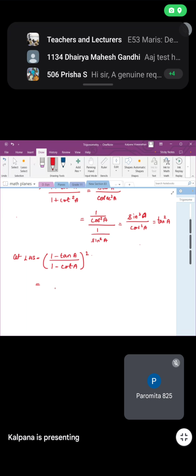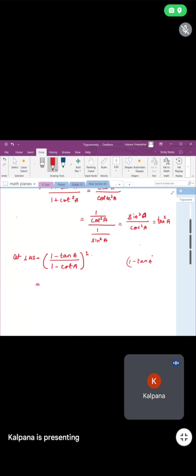expand it. Some of you, when you have 1 minus tan A the whole square, I see many students write it as 1 square minus tan square A. That is, A minus B the whole square is A square minus B square. That's wrong.